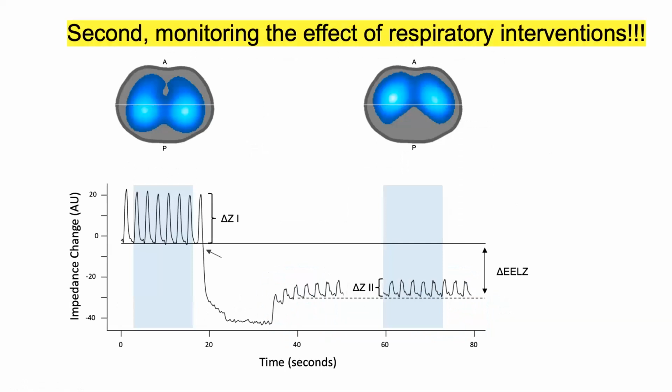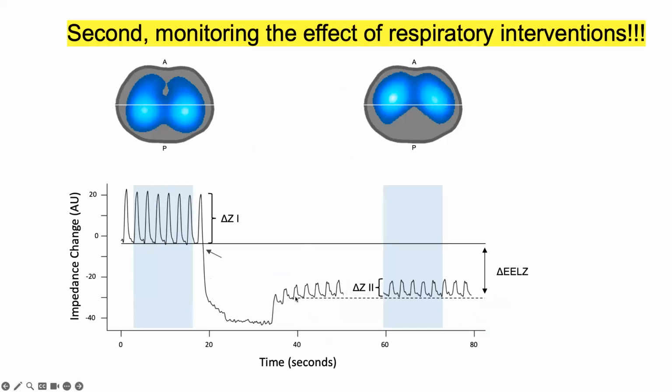Second, we need to monitor the effect of respiratory interventions. Here we have a common situation, a patient before and after open endotracheal suctioning. The plethysmogram shows a reduction in end-expiratory lung volume when the ventilator was disconnected and the suctioning started.